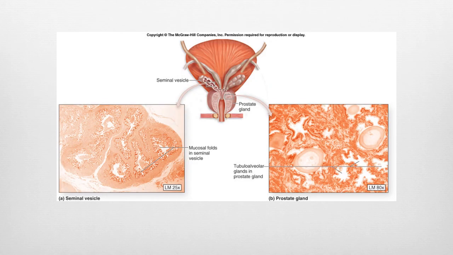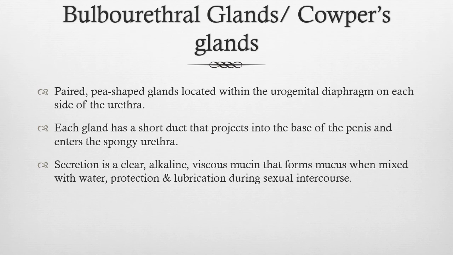So here we can see the prostate gland and the seminal vesicles. Seminal vesicles, here comes the vas deferens. There we have the ejaculatory duct, and then into the prostate. The bulbourethral glands, sometimes called the Cowper's glands, are relatively small. They're inside the urogenital diaphragm.